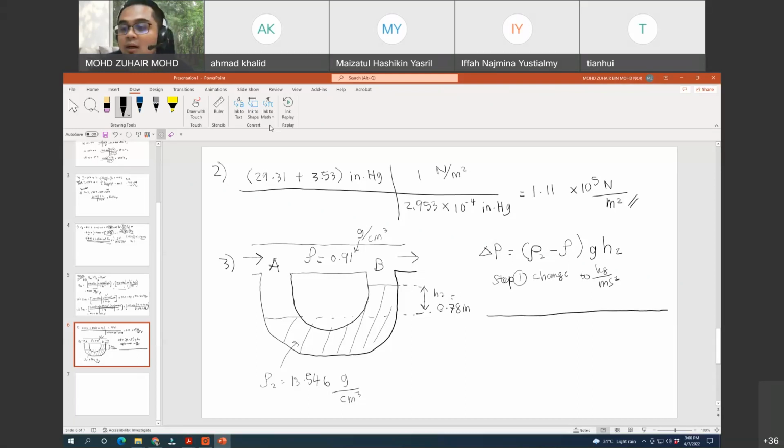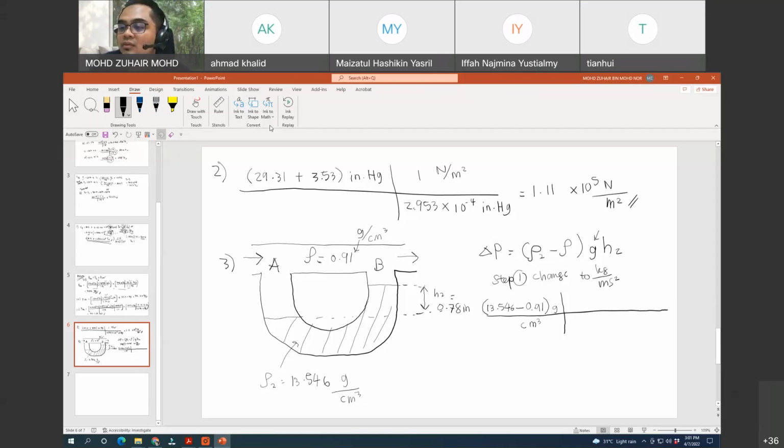Okay, so the density of the mercury is 13.546 minus the density of the oil, which is 0.91. Okay, and this is in gram per centimeter cube. And then we have the gravity.